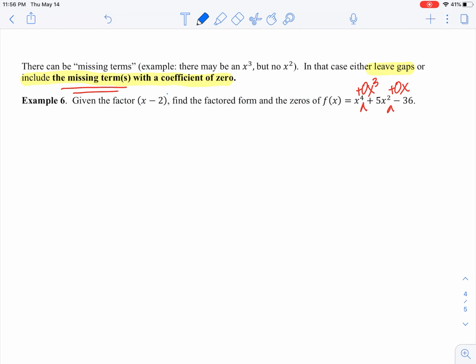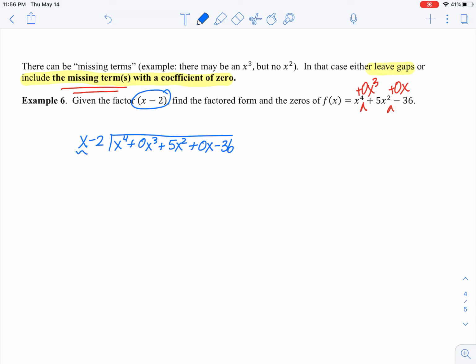So setting up our long division, the x minus 2 is a factor, so we're going to divide that into our f of x with those 0 coefficient terms added in. So we have x to the fourth plus 0x to the third plus 5x squared plus 0x minus 36.